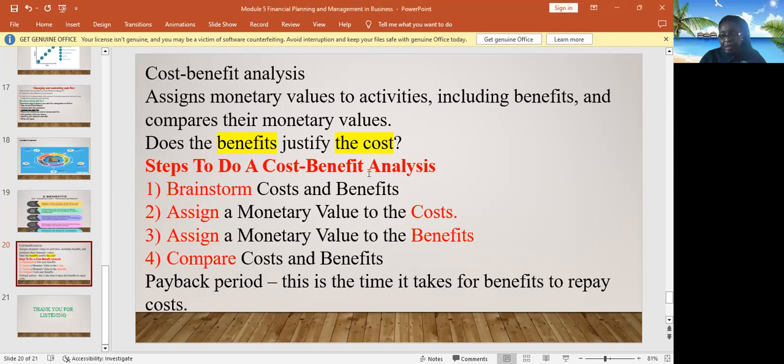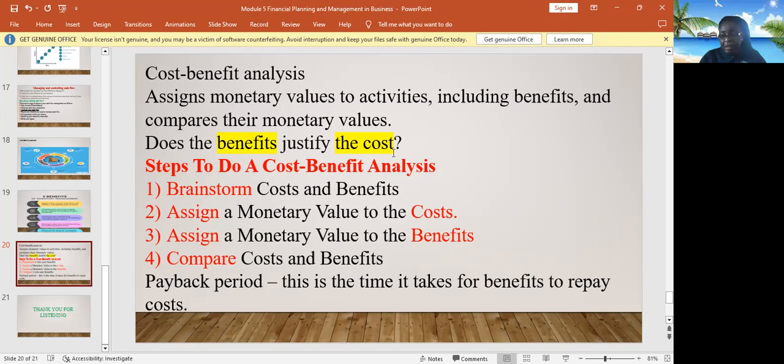Steps to do the cost and benefit analysis. You also ask your question, does the benefit justify the cost? If the benefit does not justify the cost, that means that business is not a worthwhile venture. So what are the steps? The first thing you need to do is brainstorm costs and benefits.